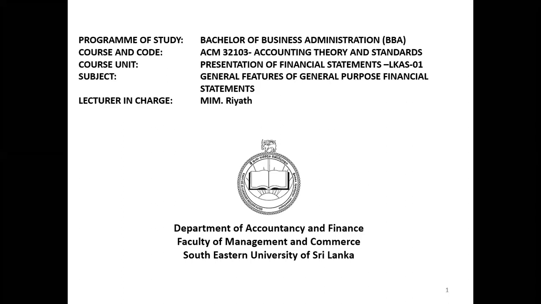Presentation of financial statement, especially this LKAS 1 deals with general features of general purpose financial statement. I hope all of you are familiar with LKAS, Sri Lanka Accounting Standards.